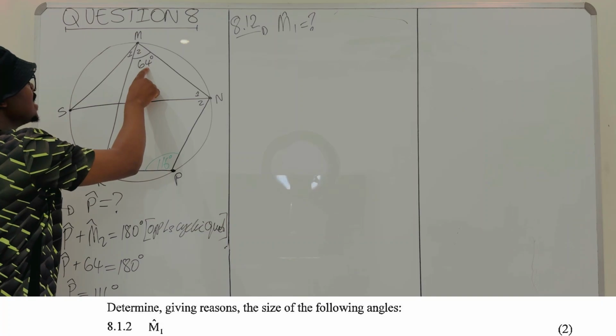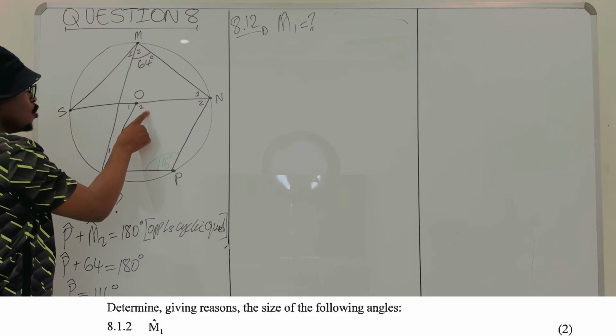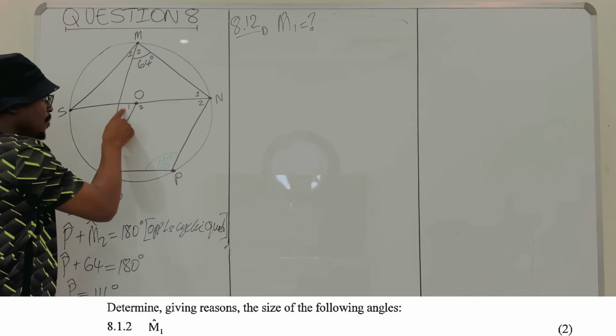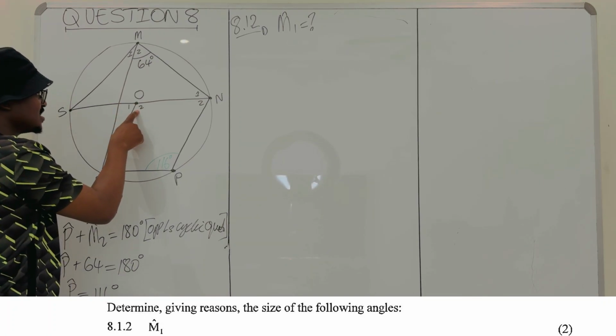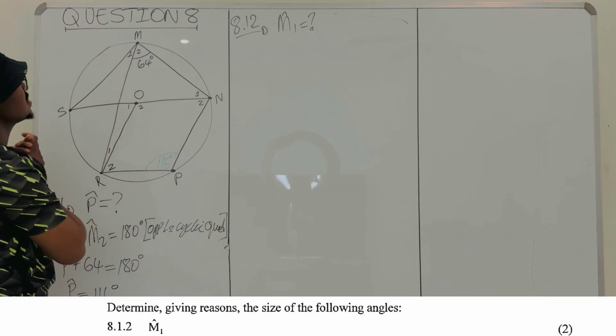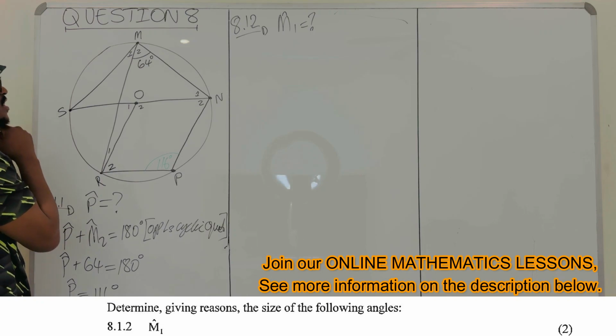So you can say the angle at the center is double that at the circumference. So you can get O2. Once you know O2, you can find O1, because O1 plus O2 give you 180 degrees. Once you have O1, you use the same reason, angle at the center is twice the angle at the circumference, and then you can find that M1 over there.